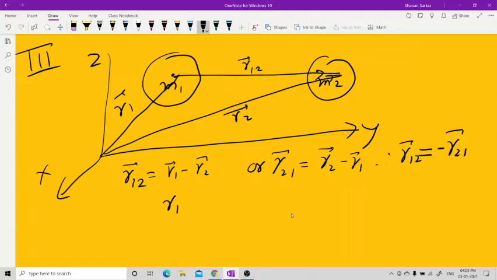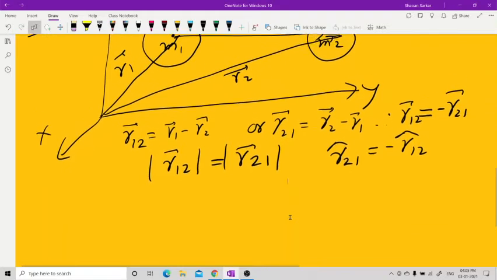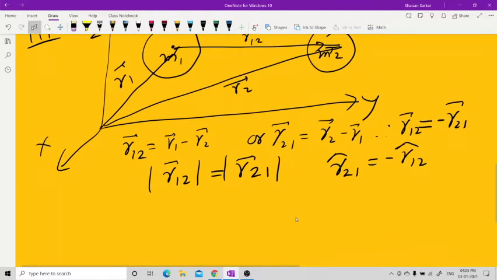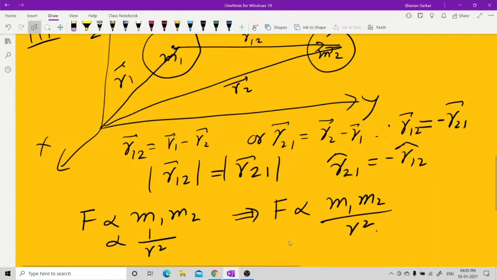Next, the modulus of r12, the length between these two, will always remain the same. And the position unit vector r21 is minus of r12, either way. Now let me show you something. As you have seen in class 8 and 9, the gravitational force between them, F, is directly proportional to the product of the masses and inversely proportional to the square of the distance between the two. Combining them, F is directly proportional to m1 m2 upon r square.